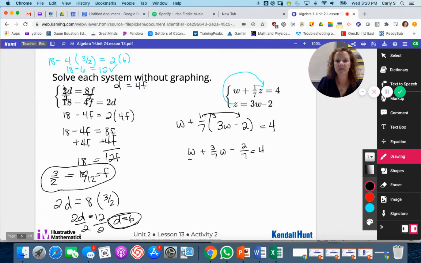If I add these two together, I get 10/7 W, and you can check that with your calculator. And I'm going to add 2/7 to both sides. So 10/7 W equals 4 plus 2/7, 30 over 7.